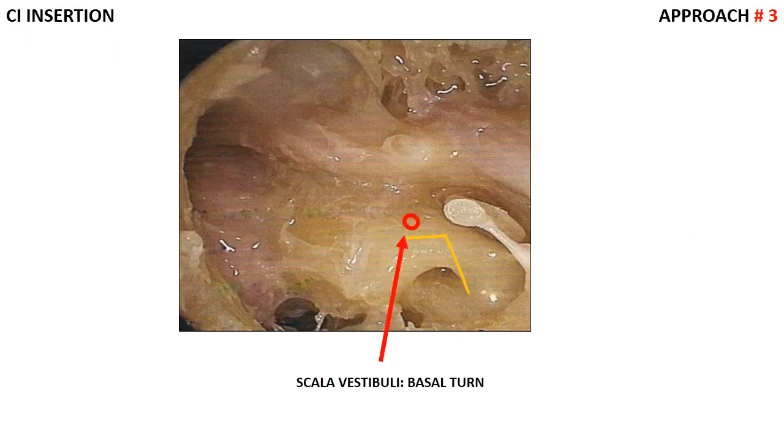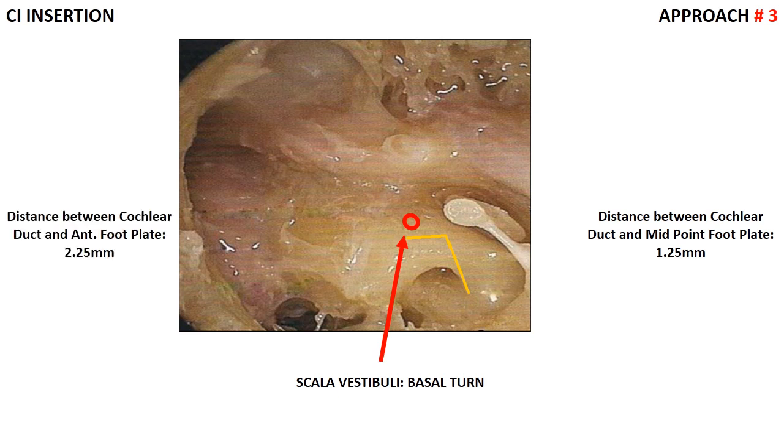The third approach, if for a reason or another the scala tympani of the basal turn is ossified, you have to go for the scala vestibuli of the basal turn. And here you have your landmark again, the footplate of the stapes, and it will be 1.25 away and 2.25 anterior to the footplate.